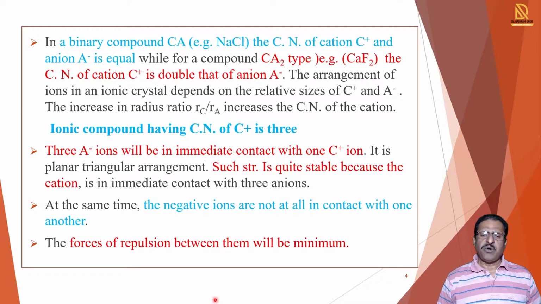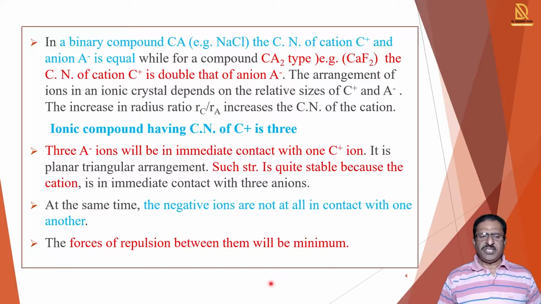Now take ionic compounds having coordination number 3. 3 A minus ions are attached to the C plus when the coordination number is 3. So that C plus is surrounded by 3 A minus ions, and the A minus ions are immediately surrounded by 3 C plus ions.